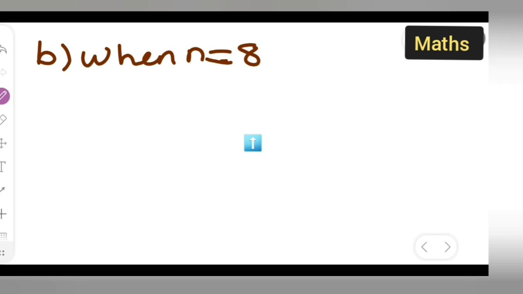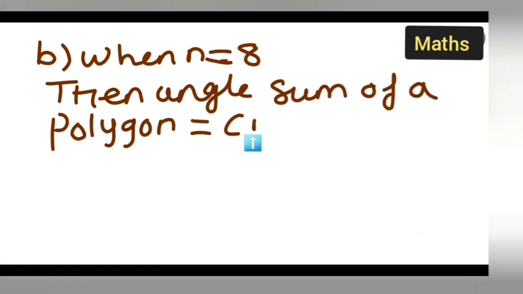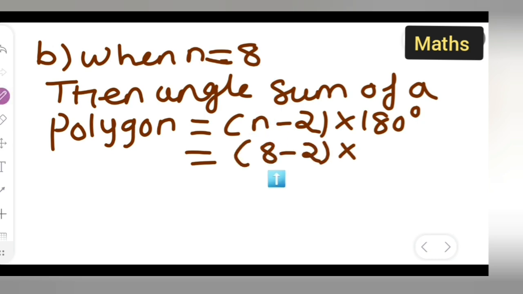Then the angle sum of a polygon is equal to (n minus 2) multiplied by 180 degree. Now what is your n given? 8. So replace n by 8. So (8 minus 2) multiplied by 180.